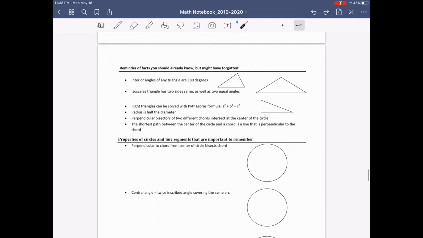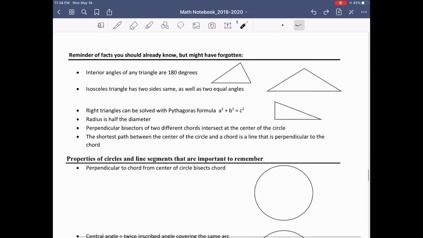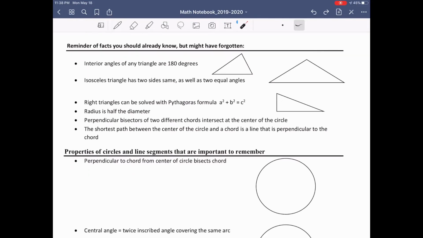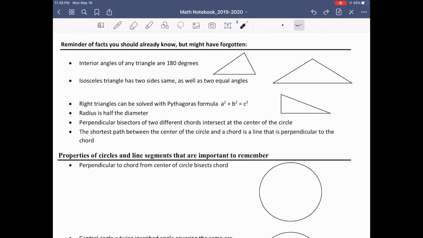Now we're going to get into some rules. It's just an introduction because you're going to get into them more in 10.1. But these are some things that you have to remember that maybe you may have forgotten. Okay, so we're going to go through them together. So the first fact that you need to know in this unit that you may have forgotten is that all interior angles of any triangle add up to 180 degrees, okay?